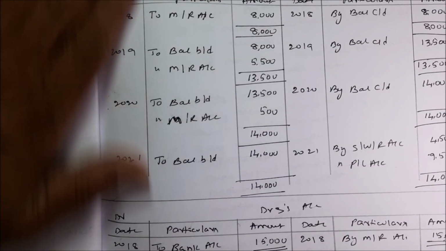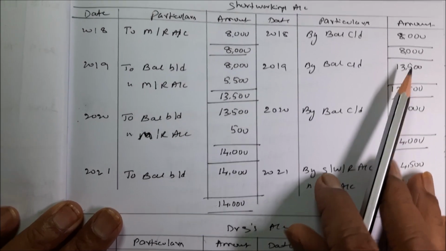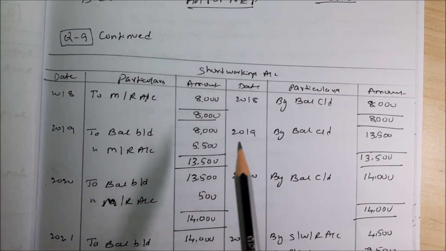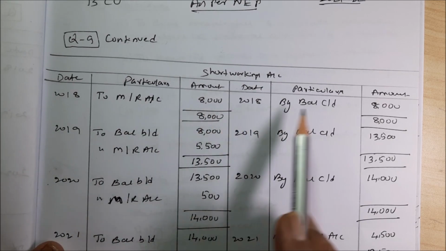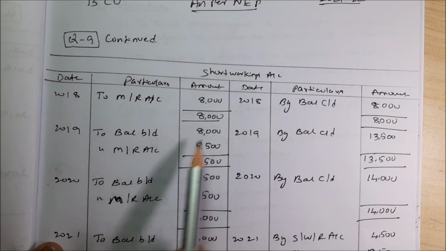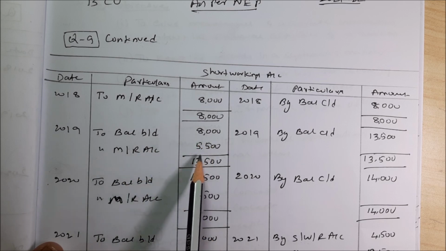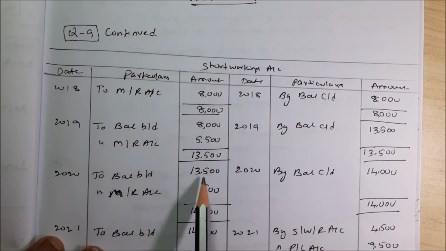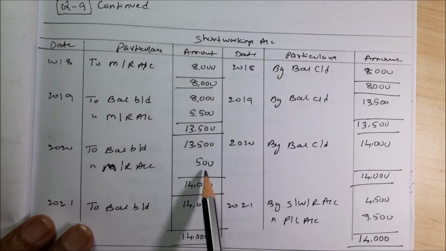Next, the short working account. To minimum rent 8,000, by balance carried down 8,000. Then balance brought down 8,000, to minimum rent next year 5,500. Total it comes to how much? 13,500. Again carried down 13,500. Again in the third year you have a loss of 500.